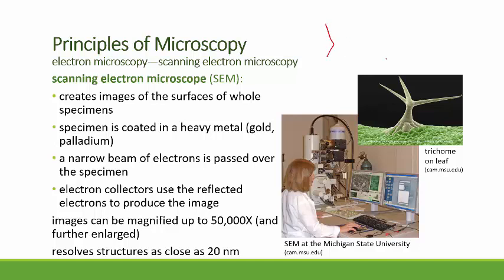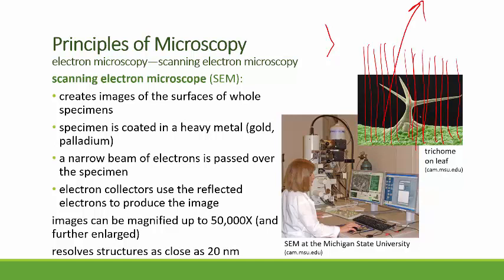So here's our specimen. We are taking a picture as we pass this beam of electrons across here, and we're collecting the electrons that get scattered back toward the receptors. Those reflected electrons are what make the image.